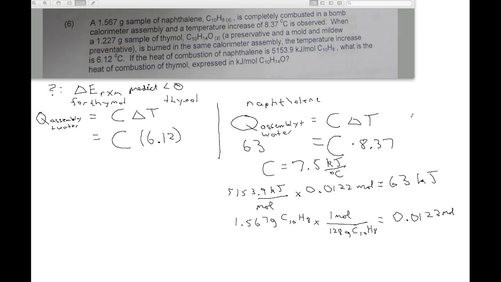Well, now since we know the heat capacity of the calorimeter, we can do the same for thymol, where Q for the assembly is equal to 7.54 kilojoules per degree Celsius times 6.12 degrees Celsius.